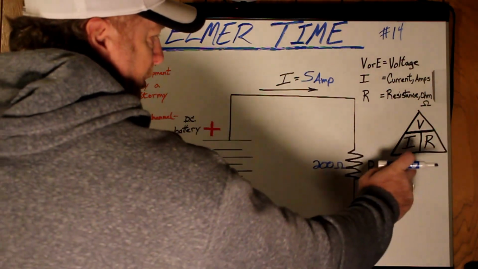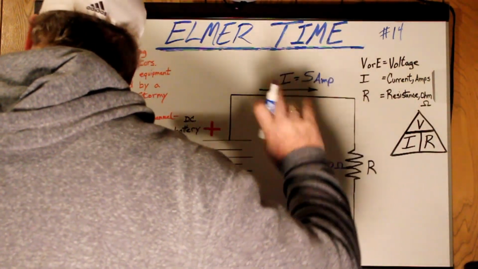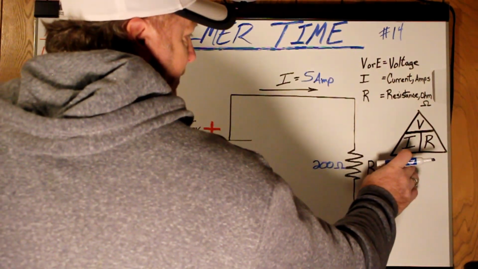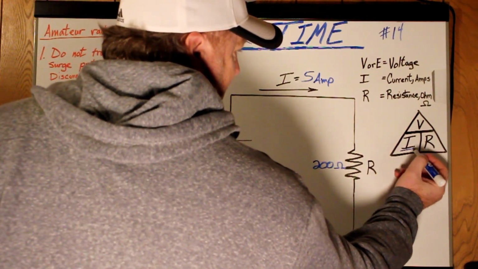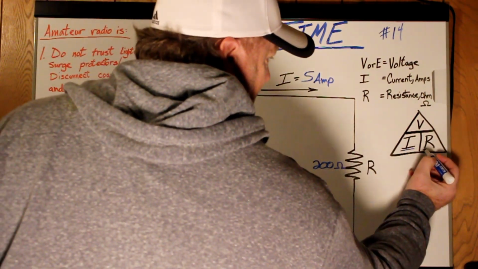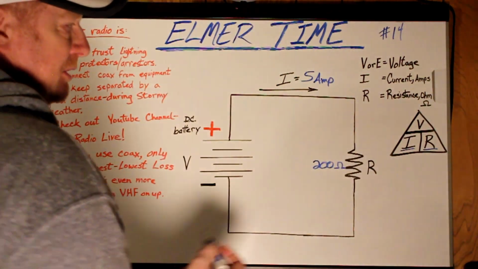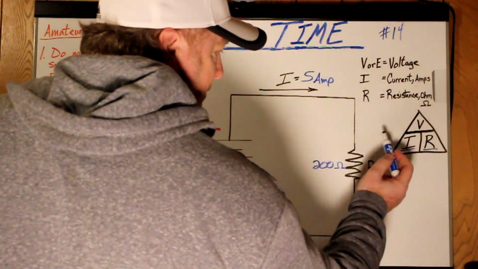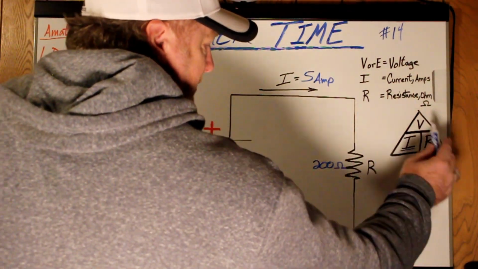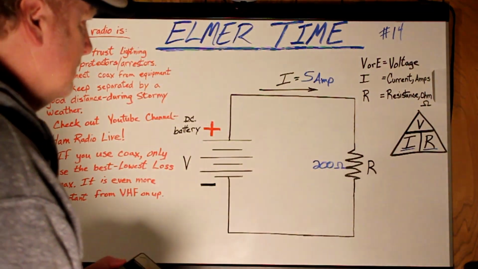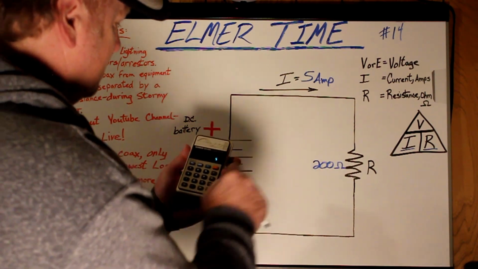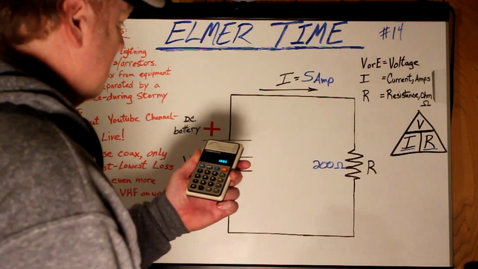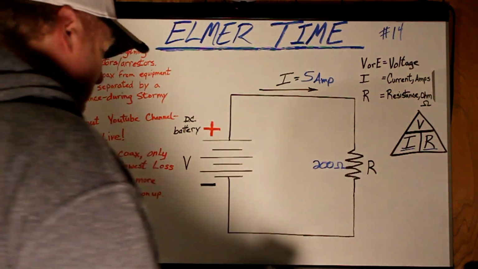So we go over here to our Ohm's formula triangle. We have I and we have R. So what do? If it's next to each other this way, we just multiply I times R. So here we go, 5 times 200 equals 1,000.